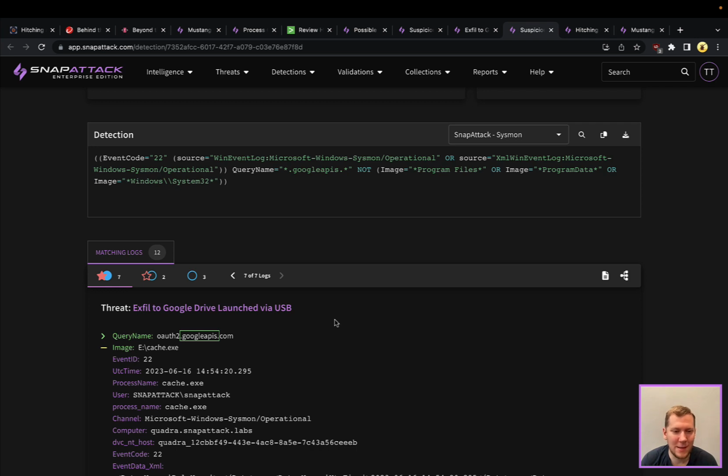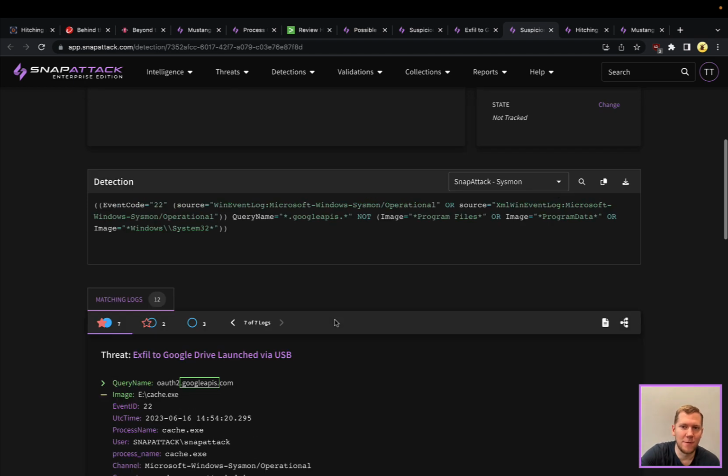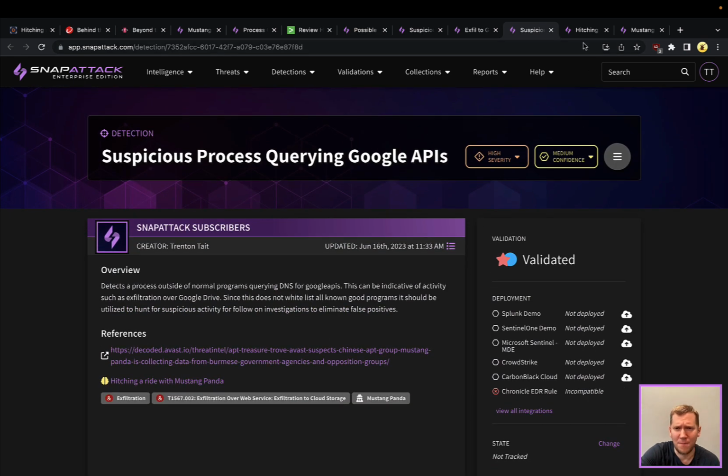The interesting thing here is that this is from a process that is located on a drive that's not C. So thinking about the thumb drive, you could manipulate and improve this detection too, if you wanted to exclude Google Update or Google Tool or other things like that. But this would be a very interesting vector for detecting the later stages of this attack. So that definitely is a detection opportunity.